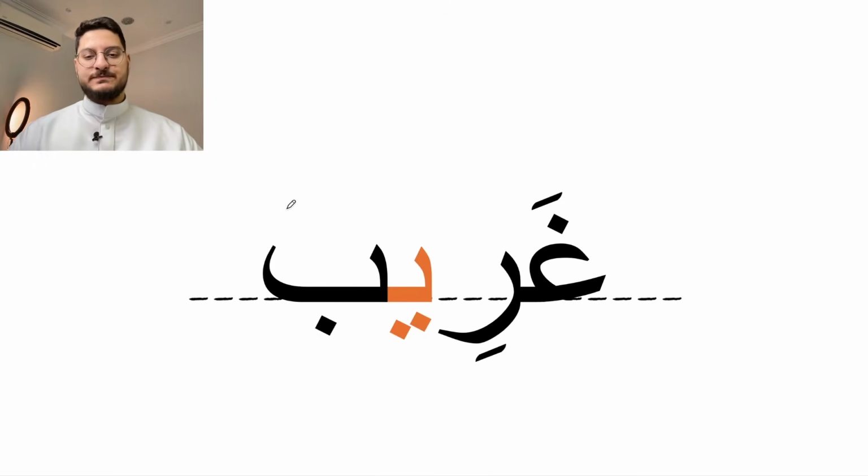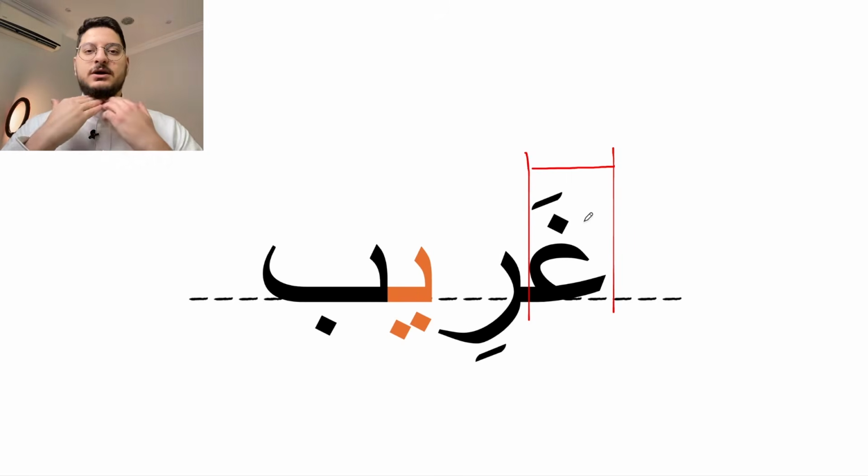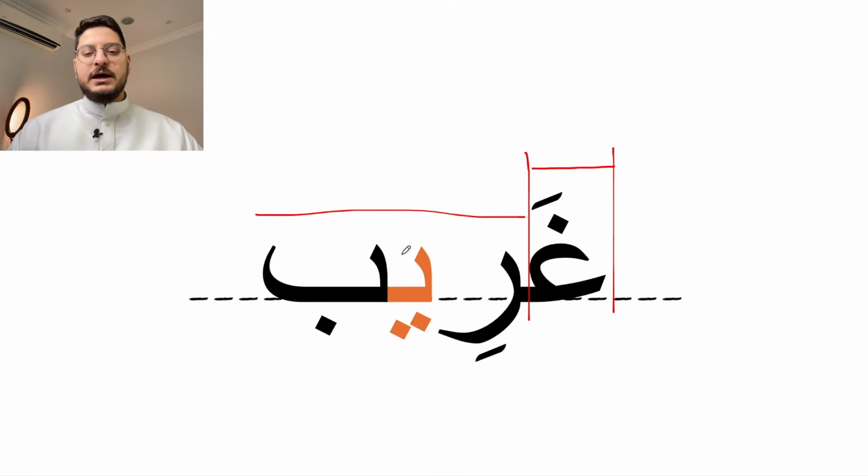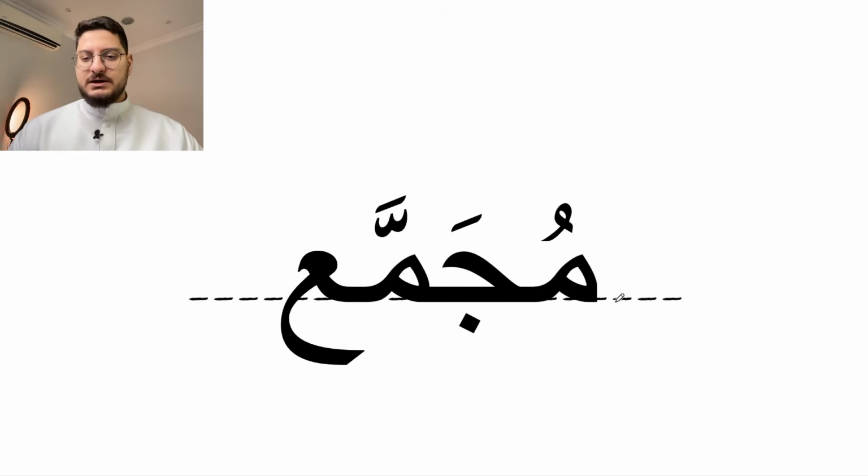Let's look at some words. Let's start with this one and split it into syllables first. The first syllable is gha with the dot on top. This is the gargling sound. Gha, and then reeb. Gharib means weird or strange. This one, let's split it into syllables.